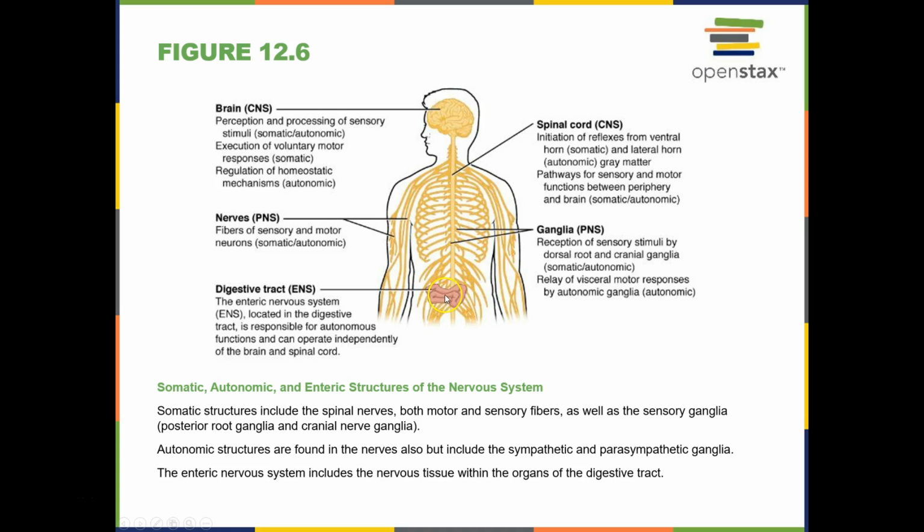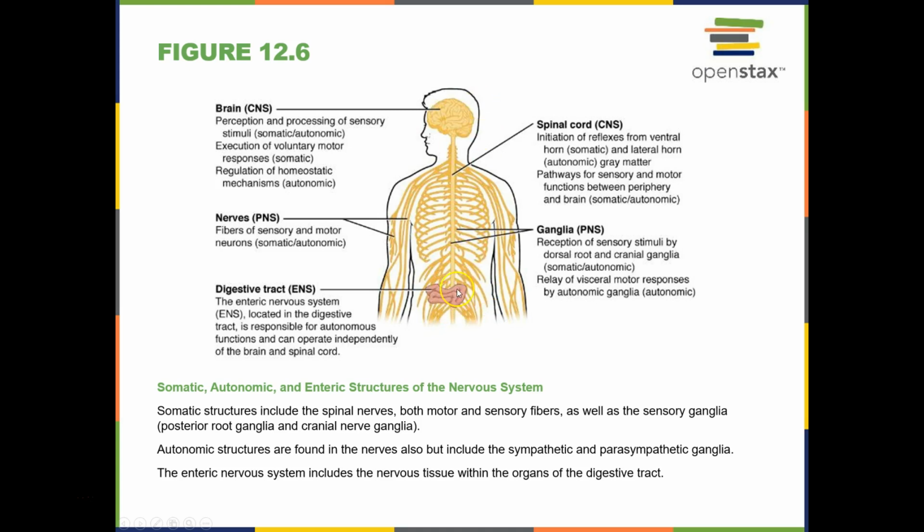So the ENS, enteric nervous system, is kind of like the second brain of the body. So we have this large brain here, but the digestive system also has billions of neurons. So it's like the second largest nervous system. And it functions independently from the brain and spinal cord, but it does have an interface.